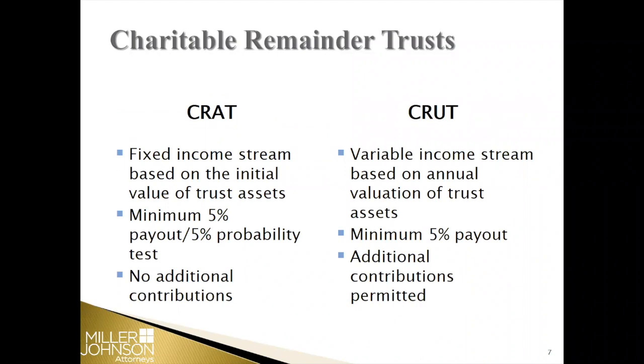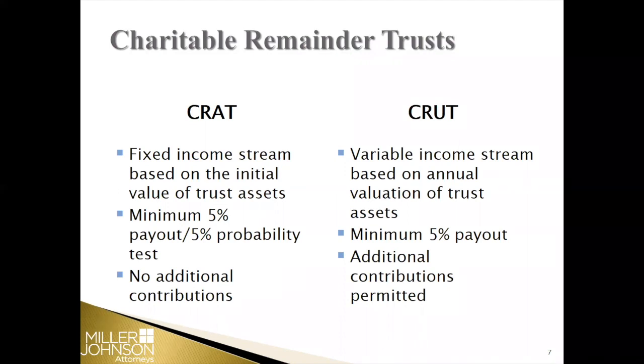Let's talk about the CRAT first. And these are not as popular as the CRUT, but they are still attractive for the right person. These are unique because it's a fixed income stream. And with the CRAT, the annuity payment is based upon an initial valuation of those trust assets.